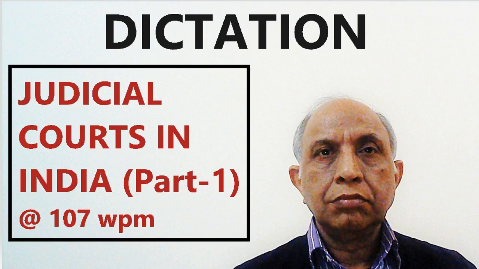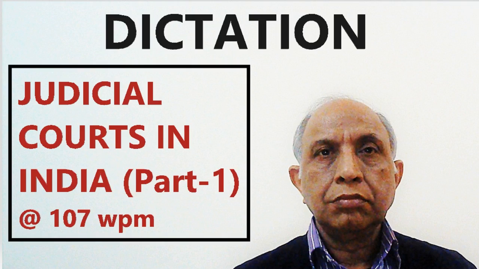The district court is presided over by one district judge appointed by the state government. In addition to the district judge, there may be a number of additional district judges and assistant district judges depending on the workload.